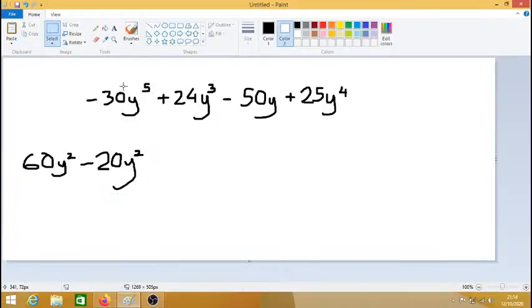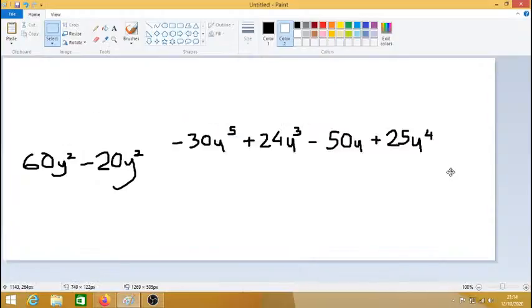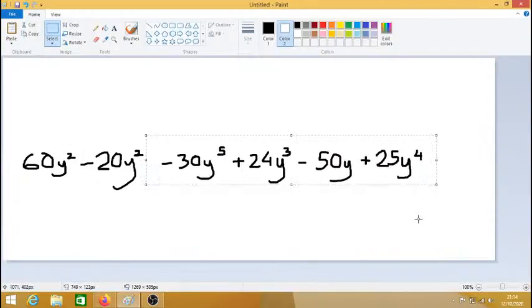We've got any other powers? No, pretty much those were the only two where you've got the same power. So that means I can just bring everything as it is. And then simplify the beginning bit. 60y squared minus 20y squared. That's going to be 40y squared.